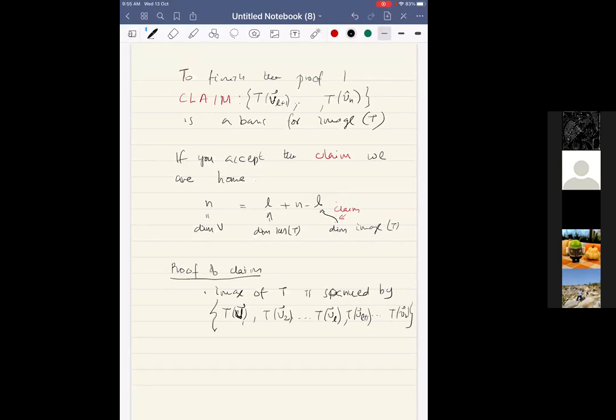This is generally something we have seen many times: if you choose a basis for V and take all the vectors that you get on the right by applying T to them, that spans the image. But these are 0 because V1 to VL are all in the kernel. So all these are the 0 vectors.